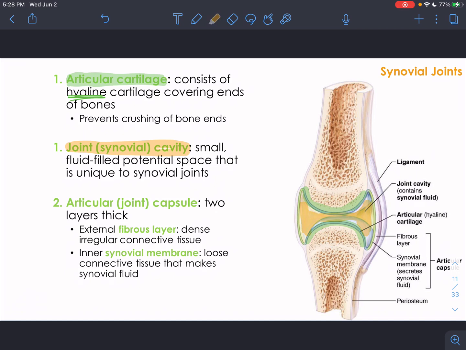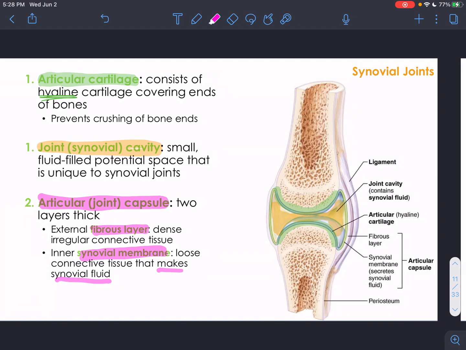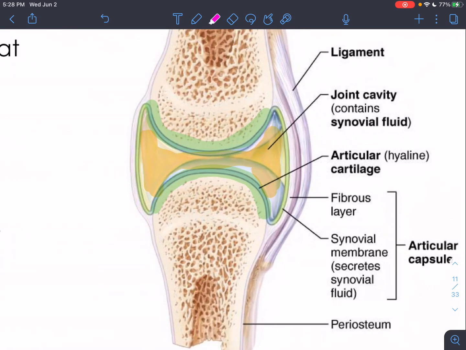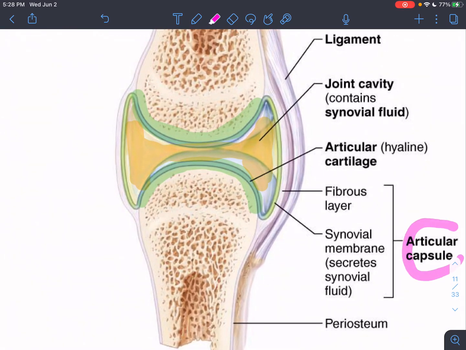And you're going to have an articular joint capsule, which is 2 layers thick. So we have an external fibrous layer, which is made of dense, irregular connective tissue, and an inner synovial membrane. That's going to be loose connective tissue that's responsible for making the fluid that fills the cavity. Okay, so you can see if we zoom in, the articular capsule over here, the outside layer is the fibrous layer.